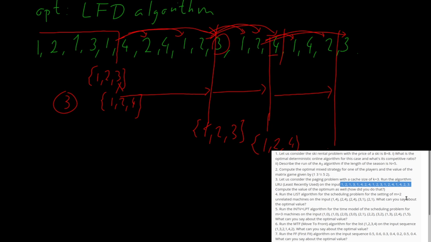And then, since none of 1, 2, and 4 is accessed again, I can get rid of any of them, and I will just get, say, the 1, 2, 3, which means that I had a cost of 3 in the beginning, and a cost of 1 here, and a cost of 1 there, and a cost of 1 there, and the last cost occurring here as well.